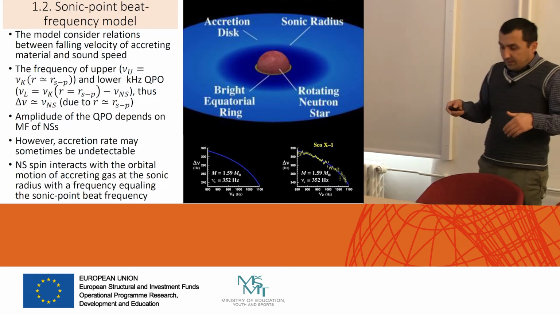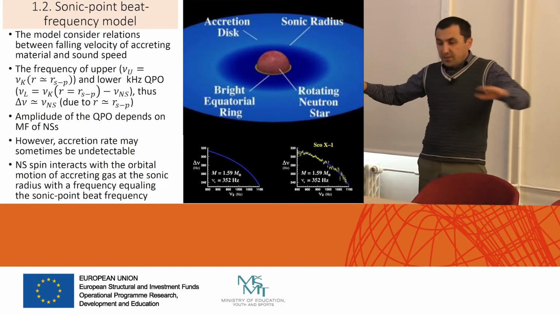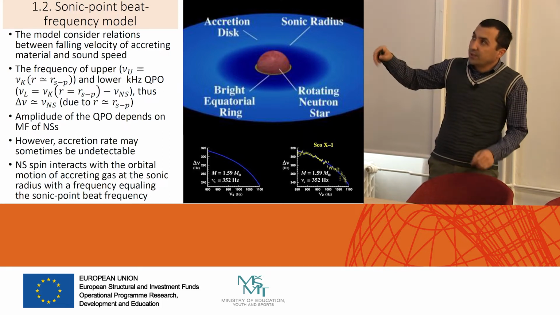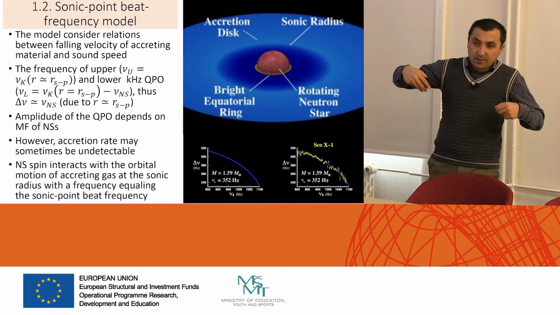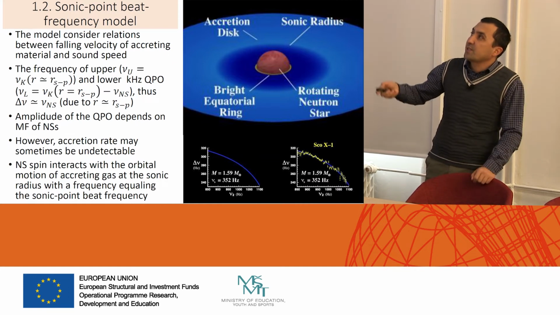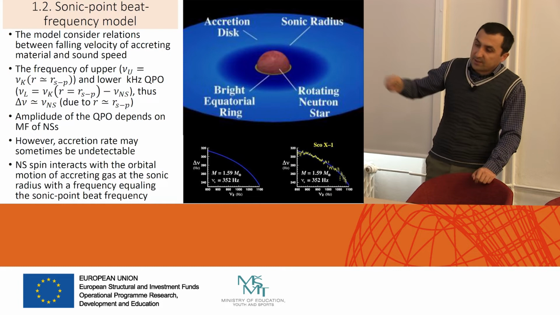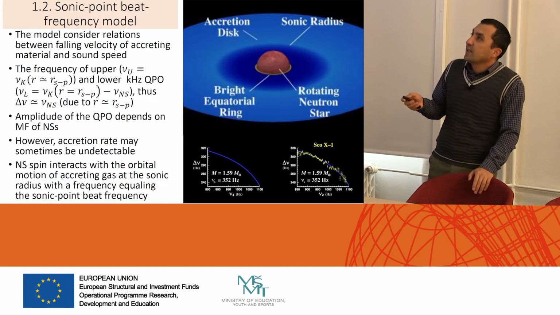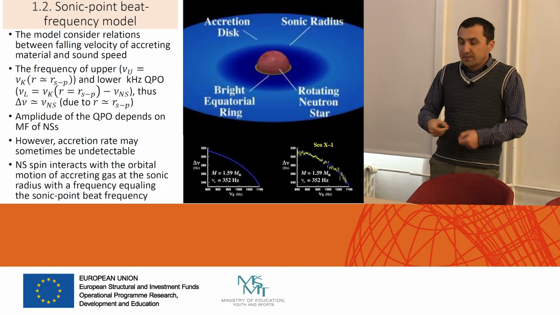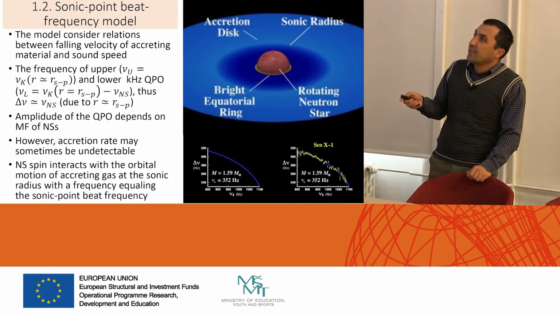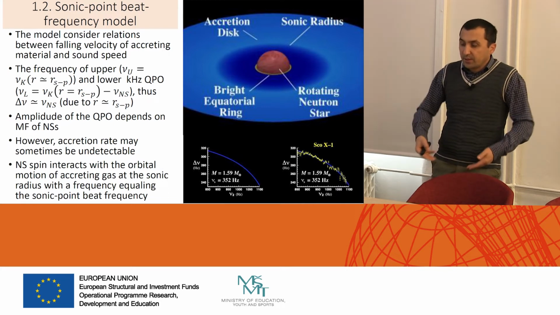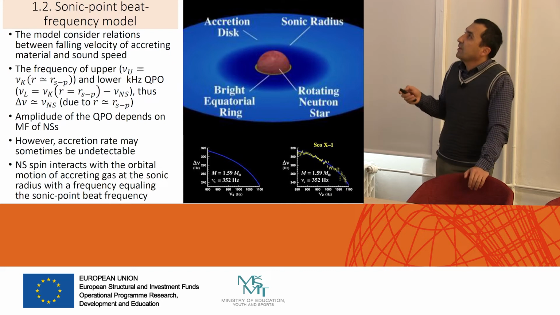As the accretion disk flows into the central object, the velocity of accreting matter increases, and when the falling velocity of the accretion disk material reaches the sound speed in this medium, QPO radiation will occur.